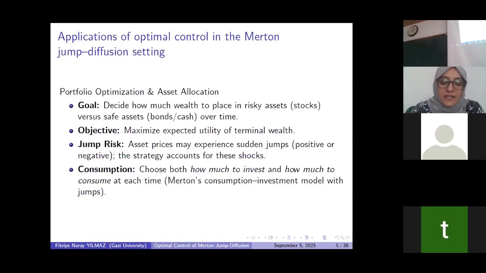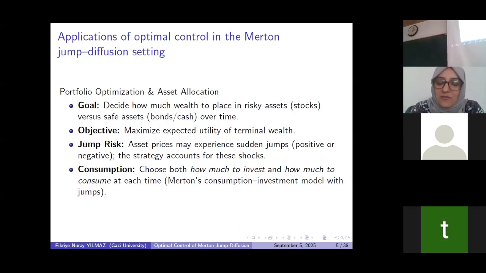And after completing the formulation of a Merton jump diffusion model, I want to talk about how we face applications of such models in optimal control, especially for portfolio optimizations and asset allocations. We face such problems. Our goal is to decide how much wealth to place in risky assets versus safe assets over time.